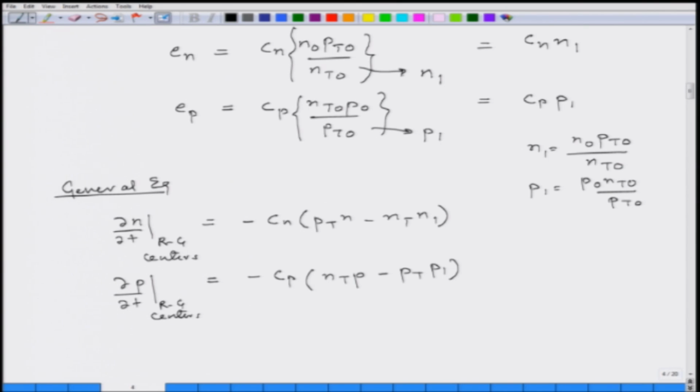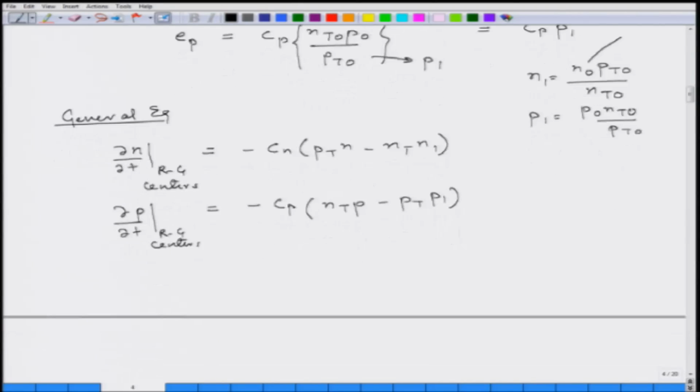Now, this expression, let us discuss a little bit more about what this N1 and P1 is. N1 and P1 is something that we can calculate if we know how many traps, how many capital N T traps we have in the material. How we can do that? You can see very easily what is N naught.